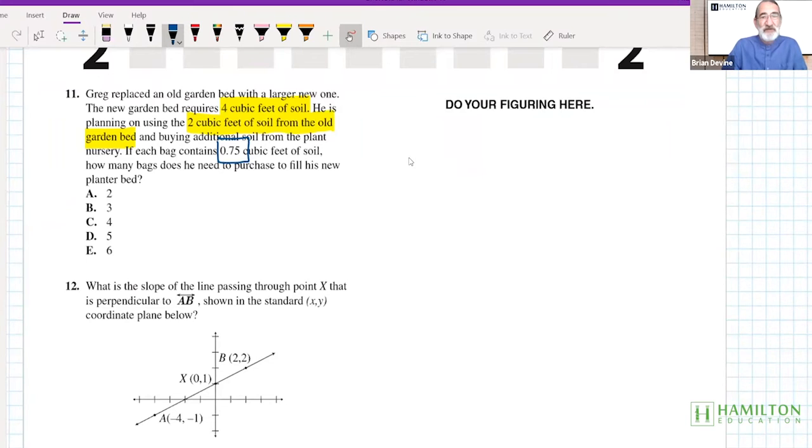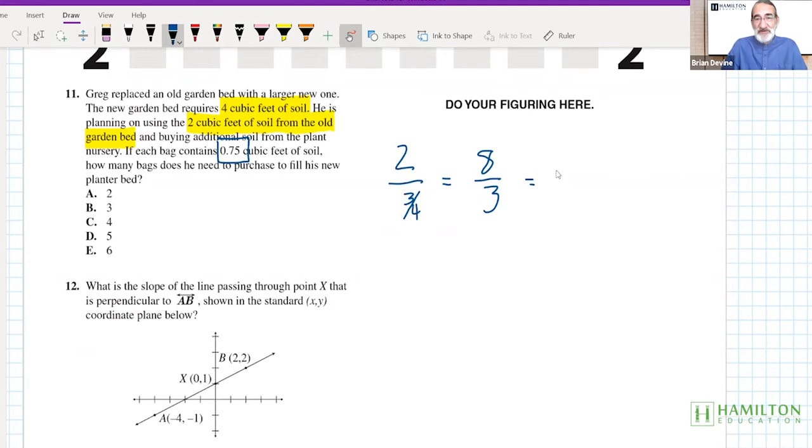of 4 cubic feet. So if I take the number needed, which is 2 cubic feet, and I divide that by what's in each bag that Greg can purchase, then I'm going to end up with 8/3. I can turn a division by a fraction into a multiplication, so 2 times 4/3 is 8/3.